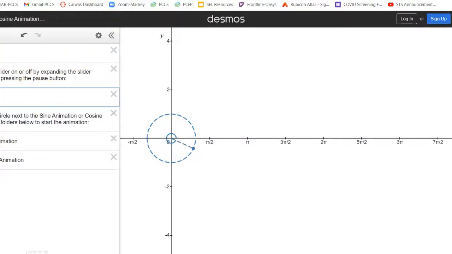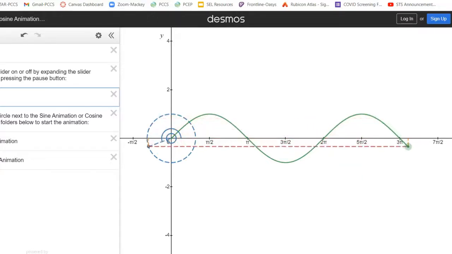I'm going to wait till it completes the circle, then start the animation, and it's going to start graphing the sine function as it moves around the circle. Isn't that what we really did with our table of values? So that's what happens when we have the sine function.